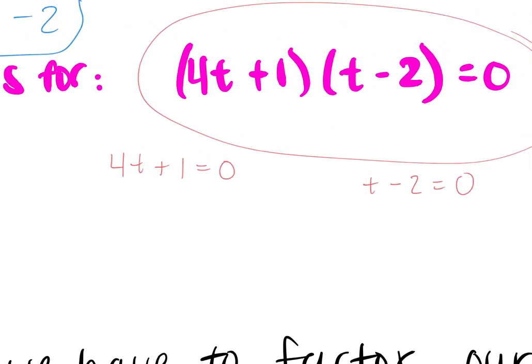How are we going to solve the one on the left? What do we need to do first? Isabella? Subtract 1 on both sides. Good. Subtract 1 first. And we're going to get what, Isabella? 4t equals -1. And then what do we do? You divide by 4.